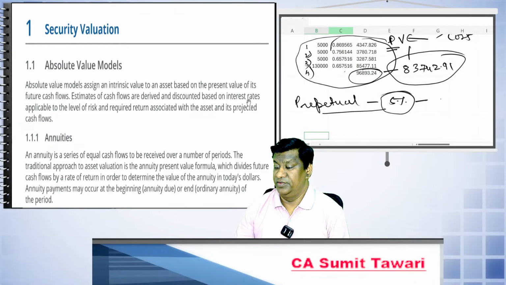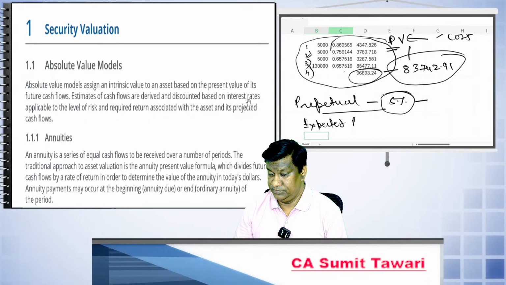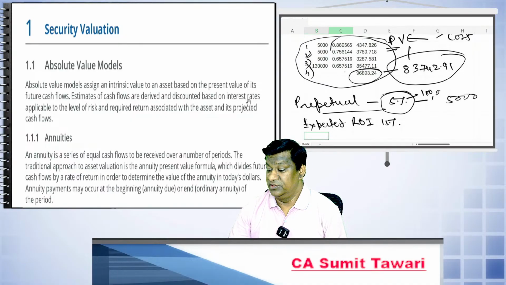Dividend. Okay, so again my expected rate of return is 15%. How much am I getting? 5% means 5,000. This is on my face value of 100,000.